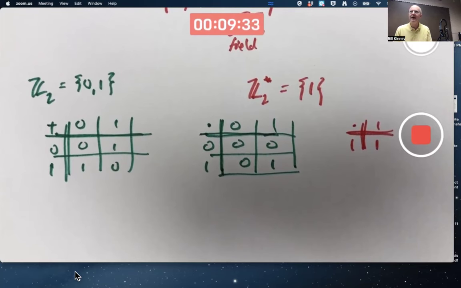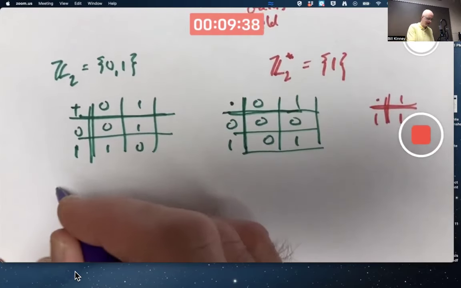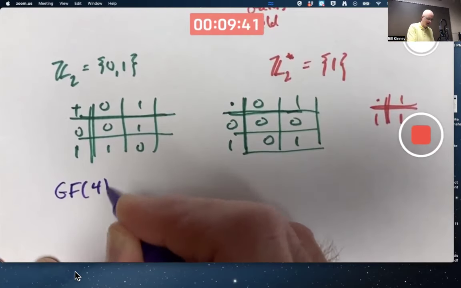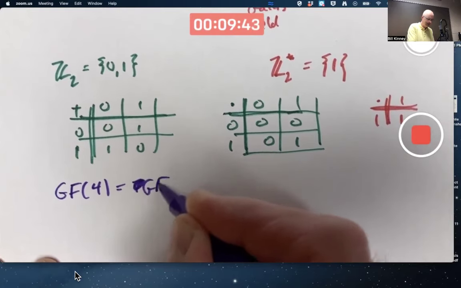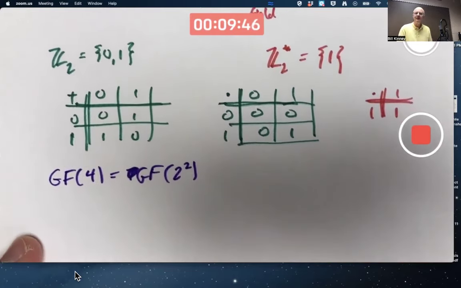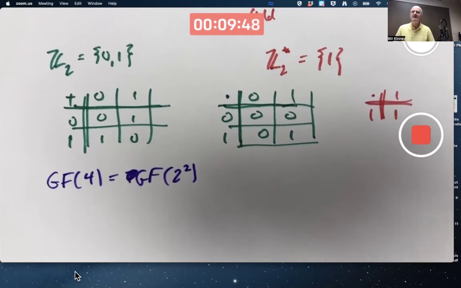But there is a field of order 4, we would call it GF4, GF2 squared. But its elements would not be 0, 1, 2, and 3, at least not in the usual sense of addition and multiplication mod 4, because that would be Z4, and that's not a field. So it's got to be something else. So the question is, how do you construct a field of order 4?